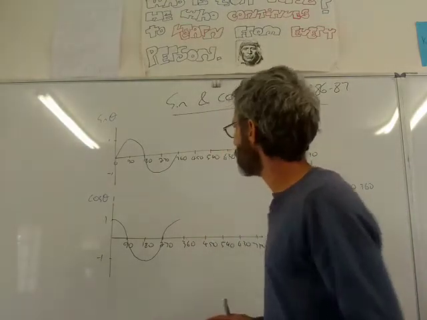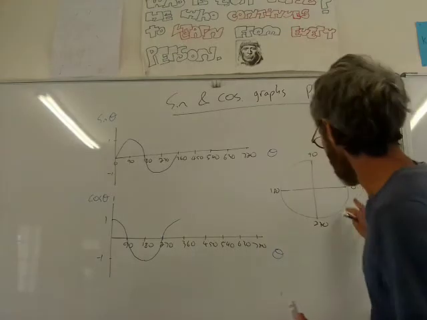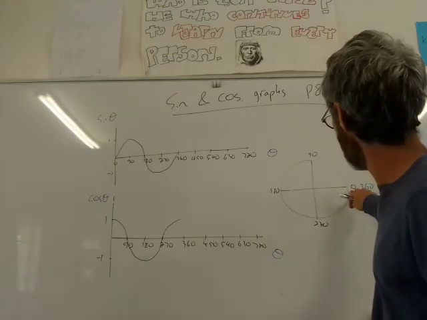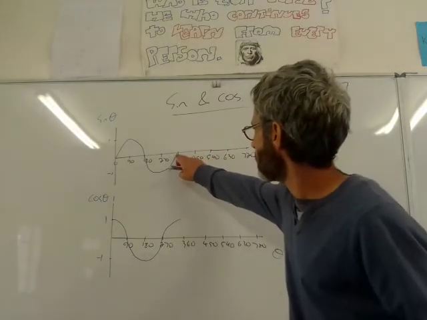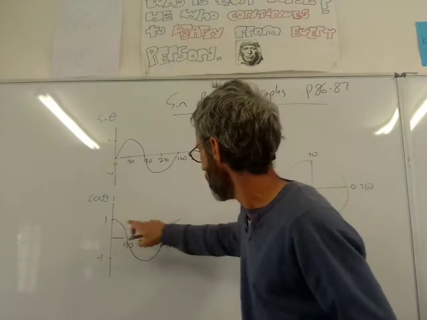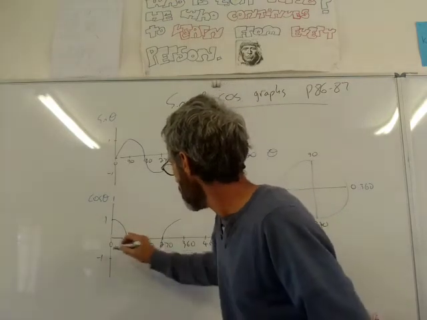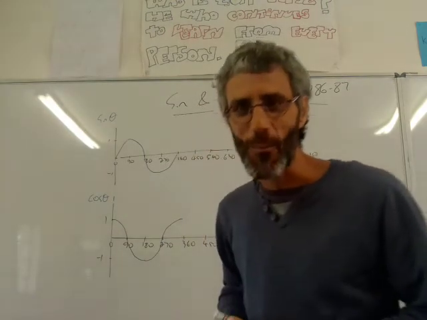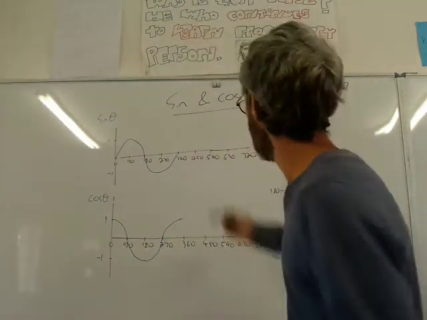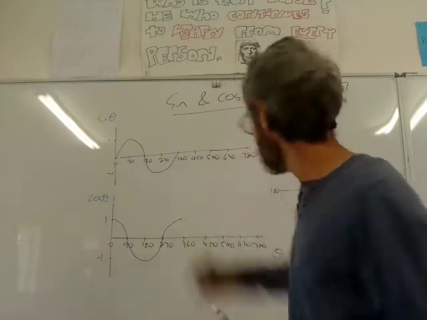What I want to do now is show you, okay, that we already noticed that 360 degrees is the same as back to 0. Okay? So when I get to 360, I'm just where I started. It's the same value. Same here. 360 and 0 have the same value. But what I hope will open your mind now is that you can actually go beyond 360. What do I mean? Well, I can go to 450. What is 450?